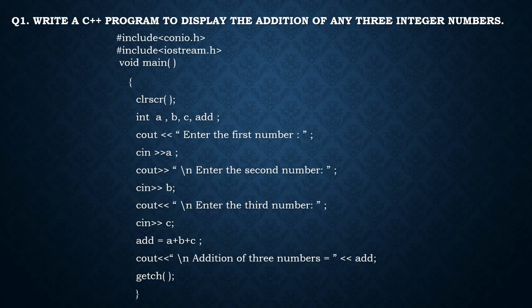You don't use double quotation marks for variables. After that you write the getch function, then close the bracket. So this is your program for displaying the addition of any three integer numbers.